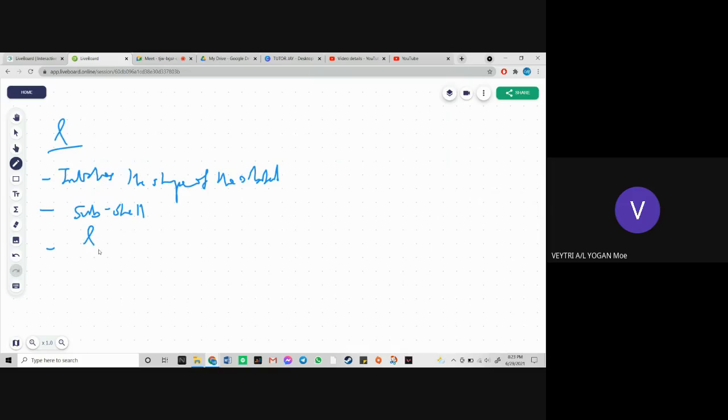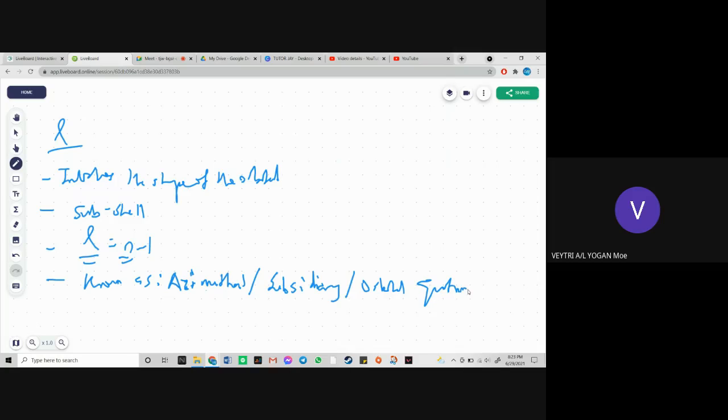The value of L is equal to N minus 1. Earlier we learned N. Anything N minus 1 equals the value of L. L can also be known by other names, which are azimuthal, subsidiary and orbital quantum number.